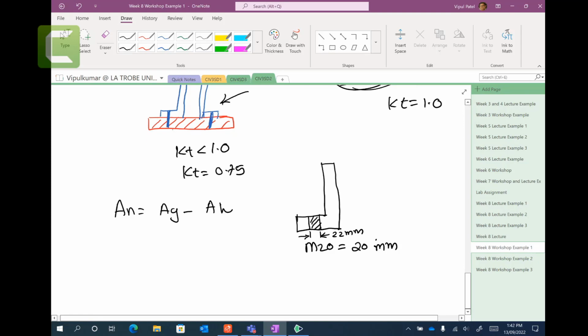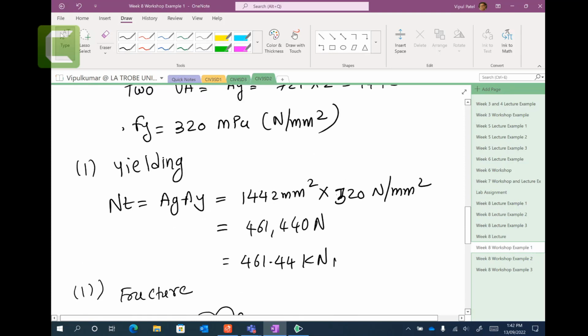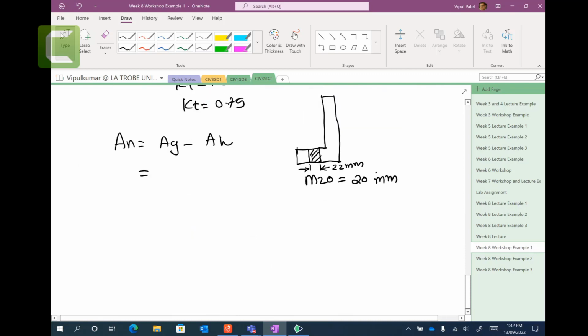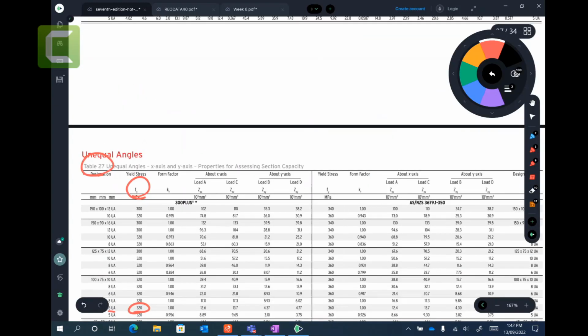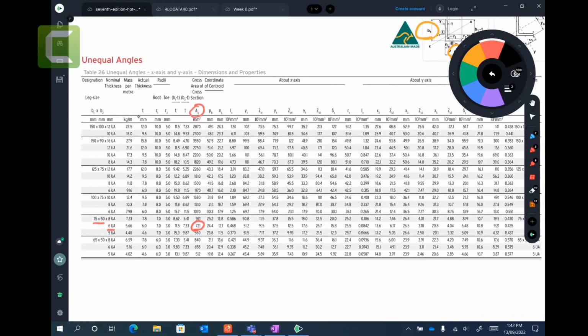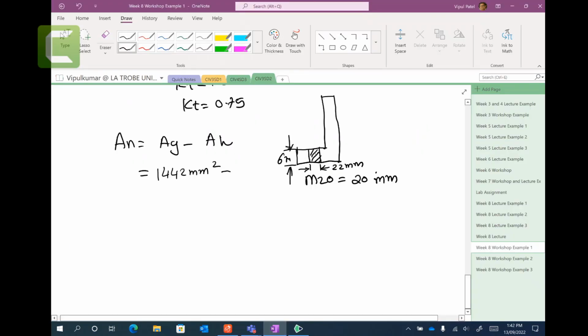Right. So in that case, gross area we already calculated. For two plates, gross area was 1442 millimeters squared. Now for the area of the holes, the thickness is 6 millimeters. Where is that coming from? The thickness of your plate is 6 millimeters. So 6 and the hole is 22.